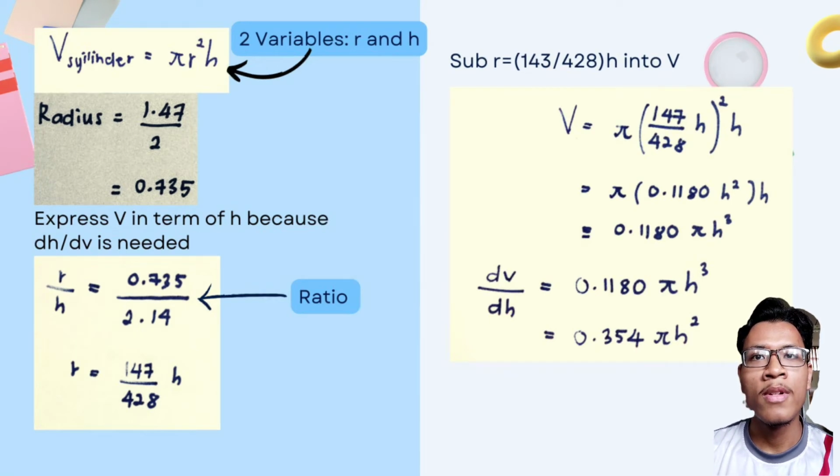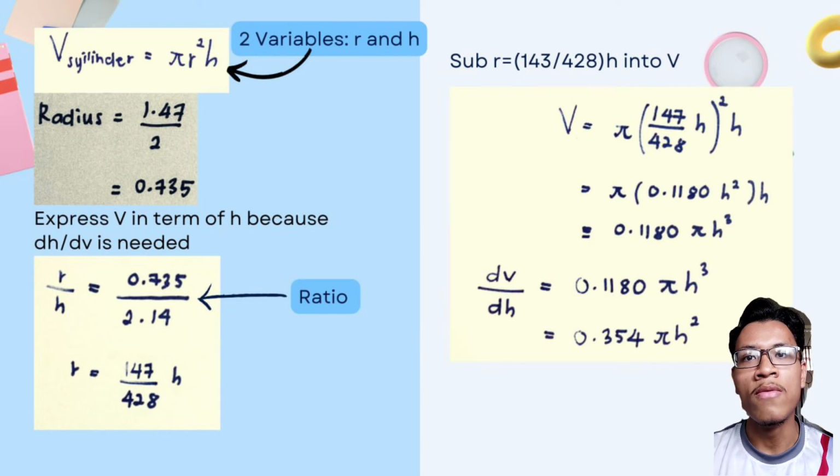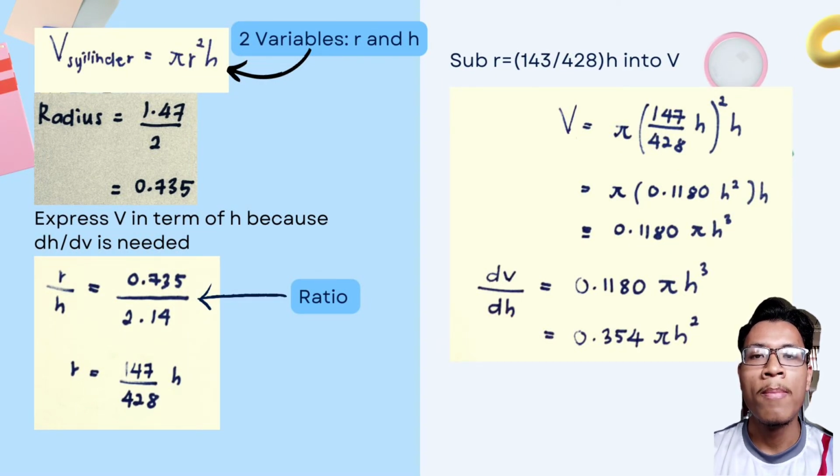And then I substitute r equals 147 over 428 h into v, and there will be v equals pi times 147 over 428 h squared times h, and then we will get 0.118 pi h cubed. And then I differentiate volume with respect to h, so it will be 0.354 pi h squared.